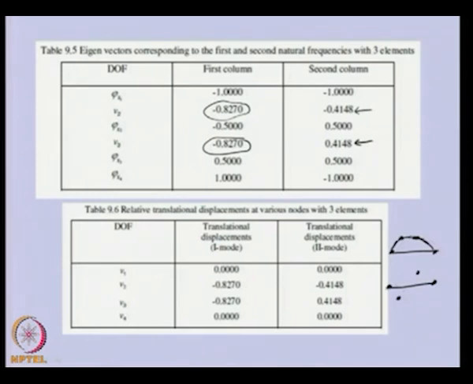In between we will be predicting using the shape function. So we expect the mode shape like this, but for plotting the mode shape, it will be better if we take more elements and get more intermediate points. But just for illustration purposes, here I have shown with 3 elements how to pick up these eigenvector variables for translational displacement for mode 1 and mode 2.